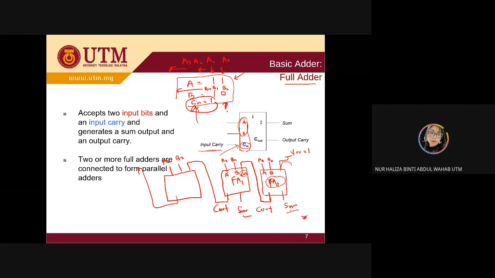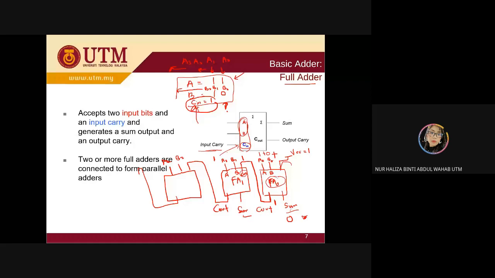And over here, let's try to see what the answer is. We have A0 is 1, B0 is 0. Going to add, we have 1 for sum, carry out is 0. So carry out will be here. We have A1 is 1, B1 is 1.